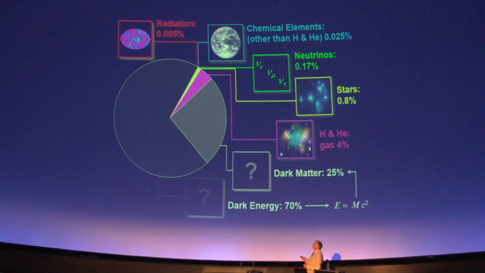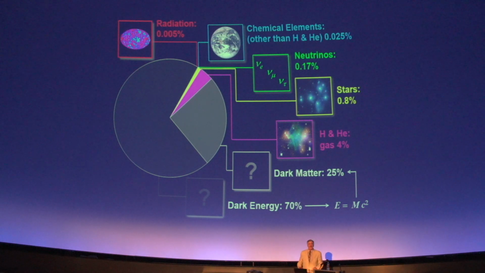As we look out in the universe today, there's about 0.005% of the universe in the form of radiation, and most of that radiation is not in the visible part of the electromagnetic spectrum, but in the microwave region of the electromagnetic spectrum.